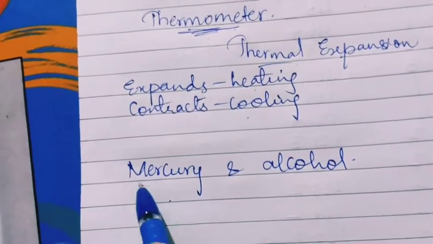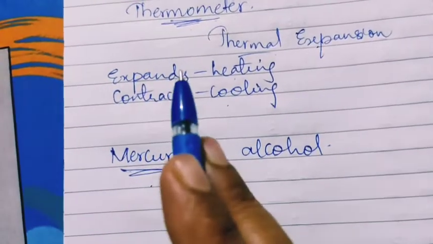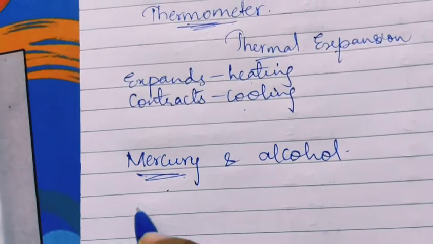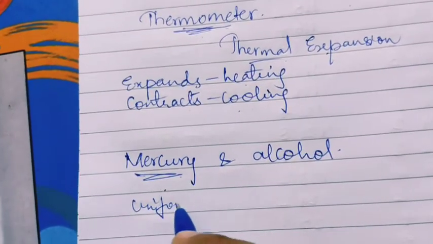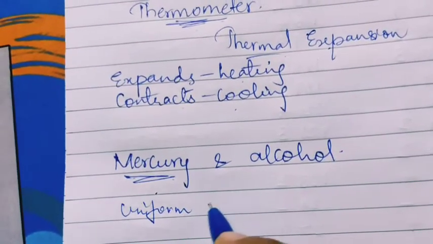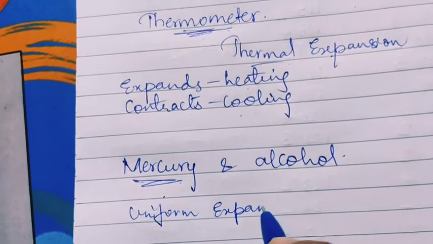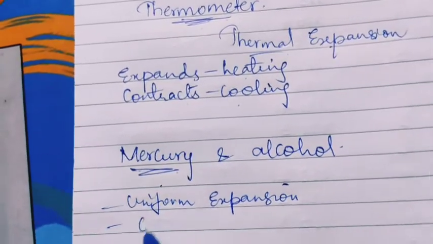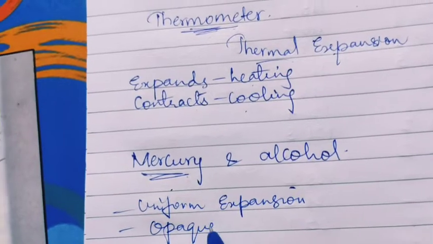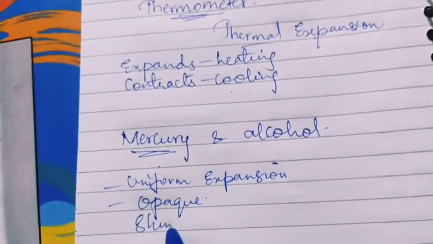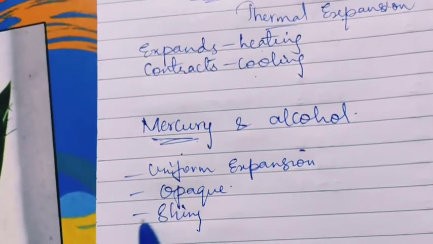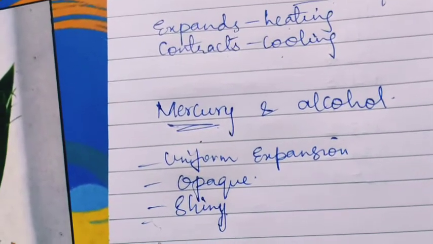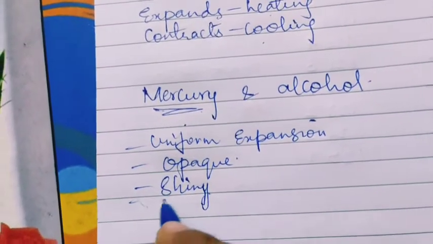Mercury is used as a liquid because of its uniform expansion on heating, and the liquid is opaque and shiny in nature, and it does not stick to the walls.